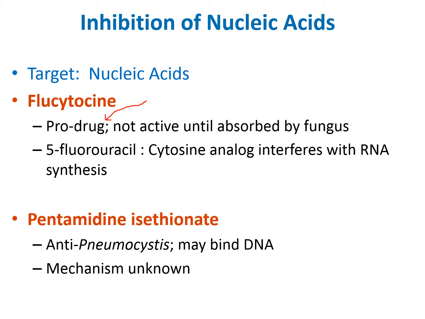It gets converted into a nucleotide analog called 5-fluorouracil, and this is a cytosine analog, and it interferes with RNA synthesis. So microbes lose the ability to produce the proper RNAs. So that means that the cells will stop growing.